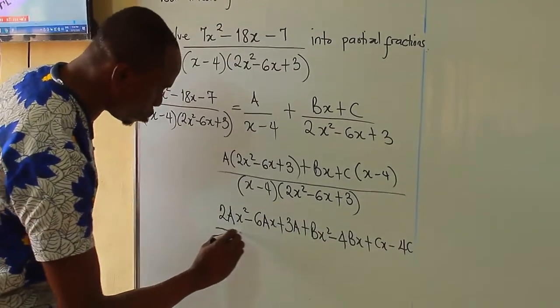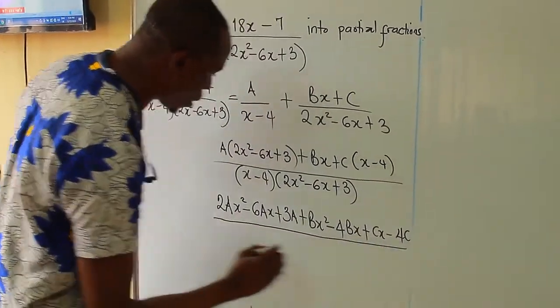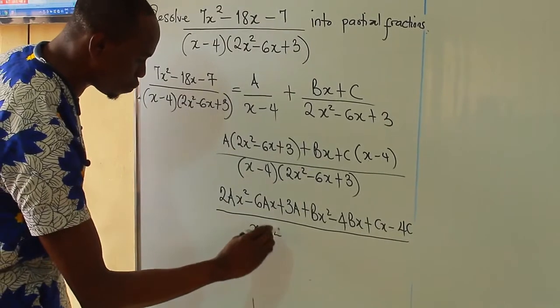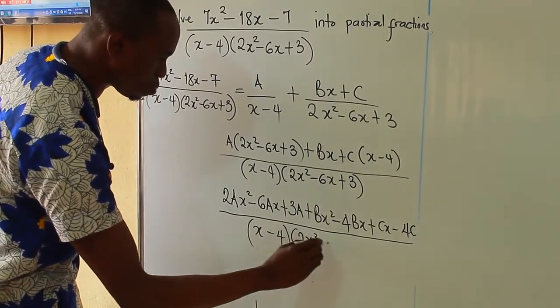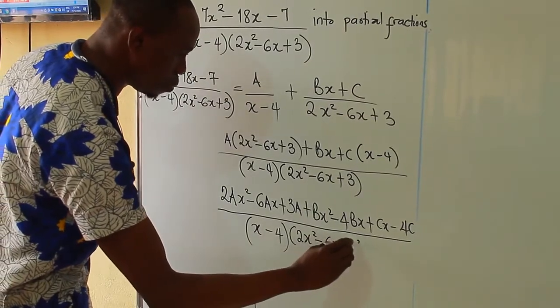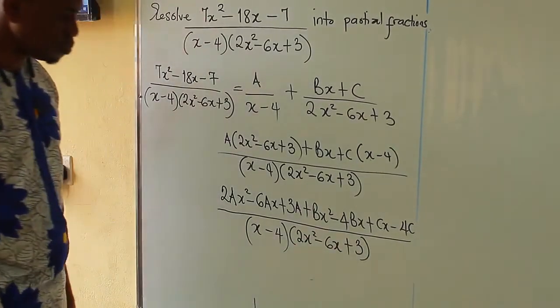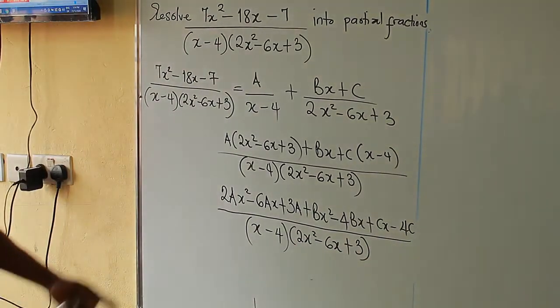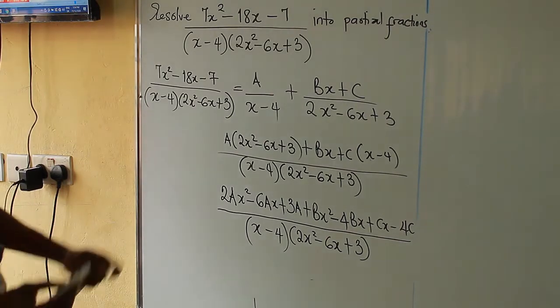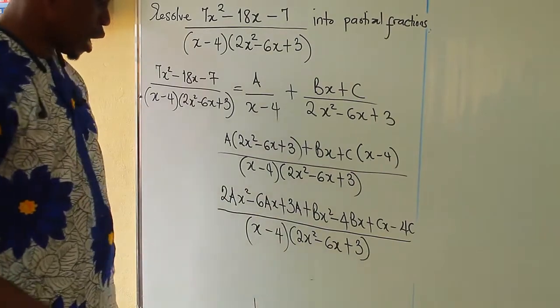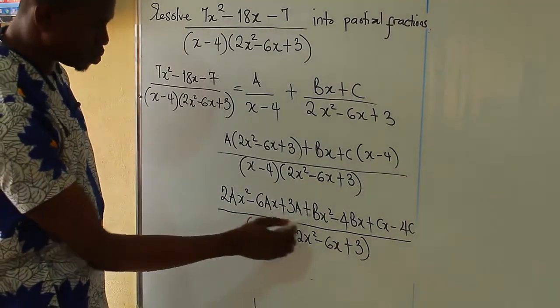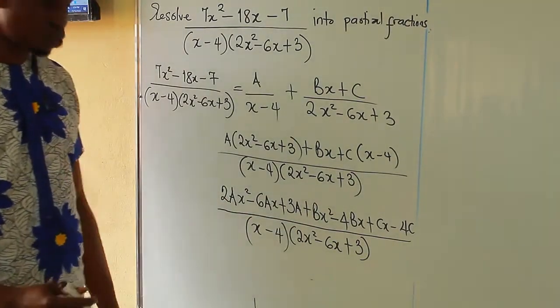Remember, it is still going to be all over x minus 4 and 2x squared minus 6x plus 3. Now I have to collect like terms. I have to bring the terms that have x squared together. I'll also bring the terms that have x together and then bring the constant terms together.